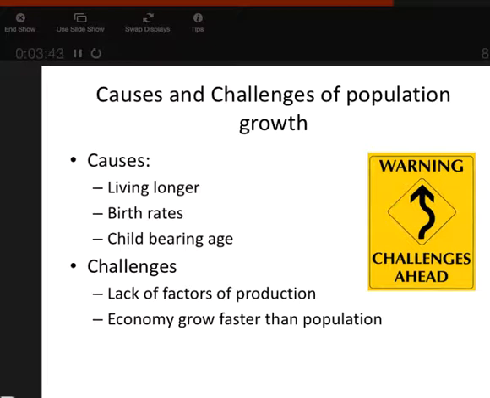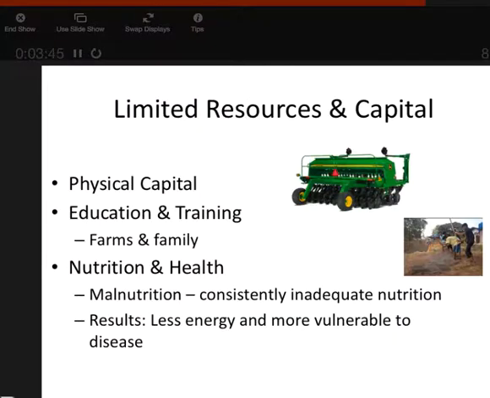Interestingly enough, there are some countries that have decided they want to tackle this increase in population. These are countries that are not equal as far as men and women go. What they've actually started to do is provide more education opportunities for women to bring down the population rate.